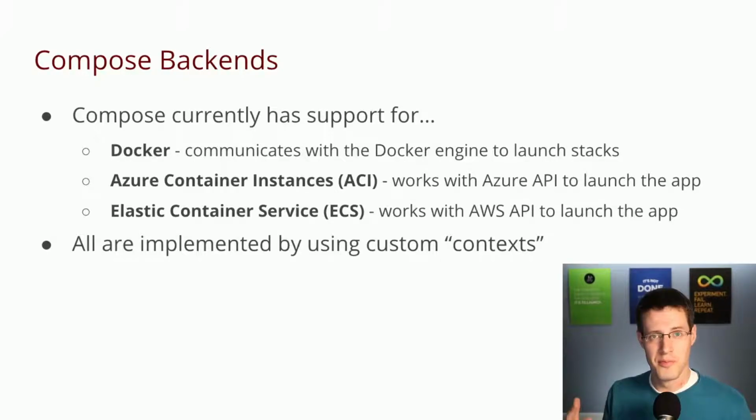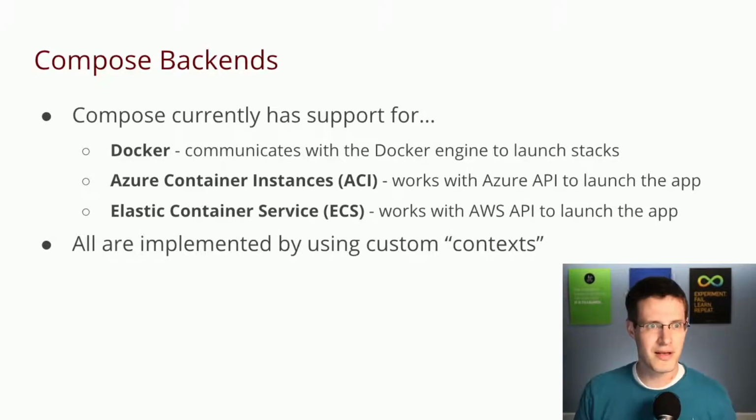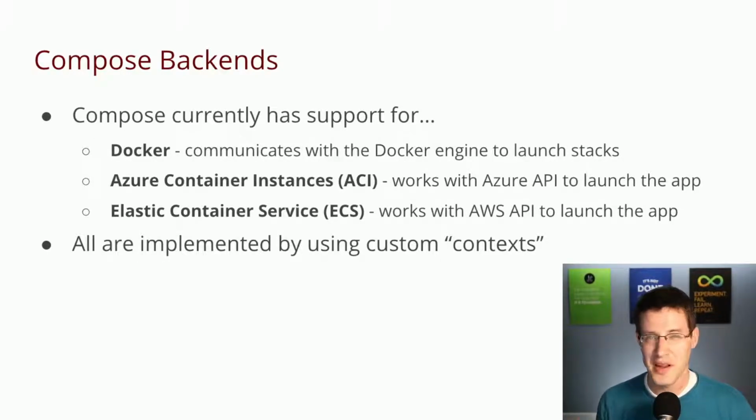In case you're not familiar, Compose has support for a lot of different backends. By default, it uses a Docker backend where it communicates with the Docker Engine API to start up containers on your local machine. But it also has other backends that support other cloud environments so far. One being ACI, so you can use Azure Container Instances, and the other one being ECS.